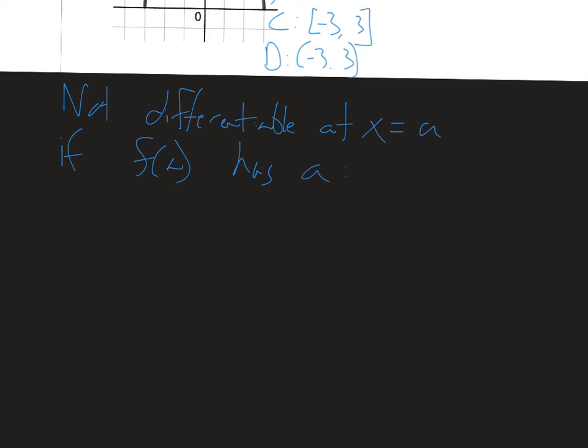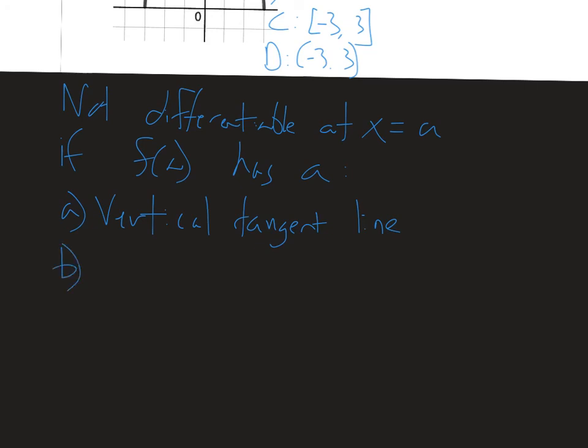So one option that we were just talking about is a vertical tangent line. If the slope at a particular place is vertical, that means the slope is undefined. Well, if the slope is undefined and the derivative tells me the slope, then the derivative is undefined, and then that's not differentiable.